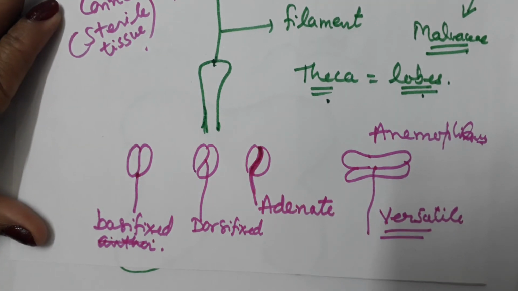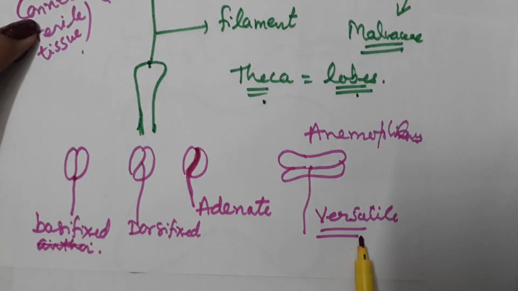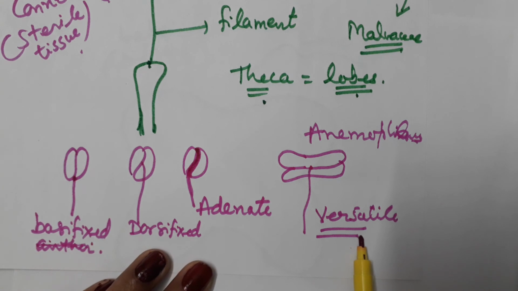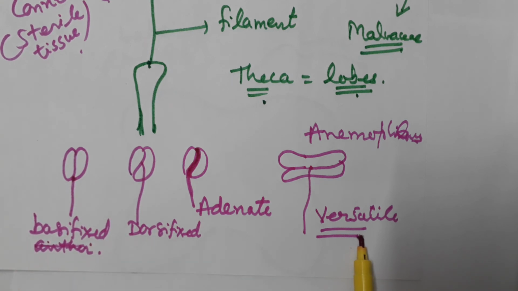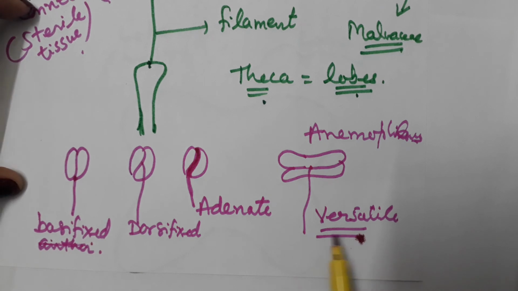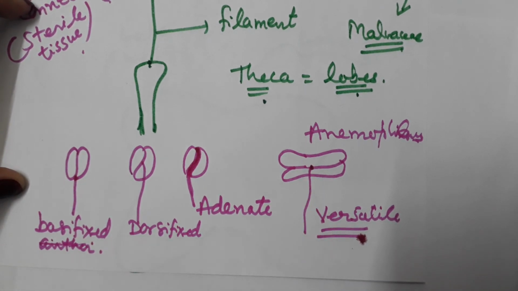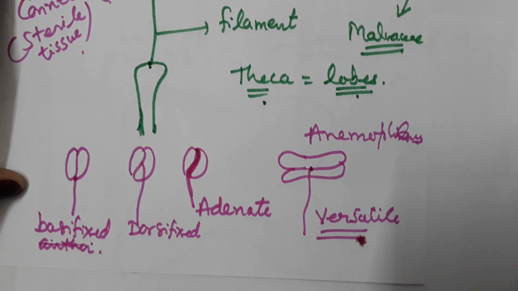And the fourth type is versatile, which is a characteristic feature of the anemophilous flower where pollination takes place with the help of wind, and anther lobes swing freely in the air and release pollen into the air, where the filament is attached at the middle point of the anther lobes. So four types of stamens are present in nature.